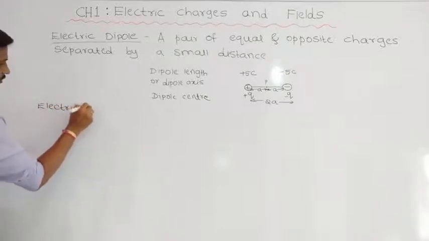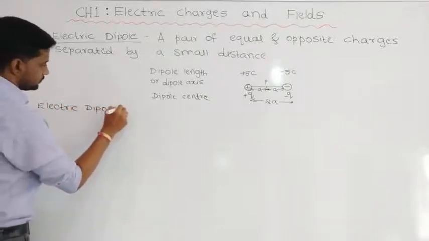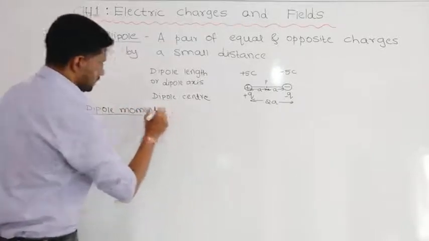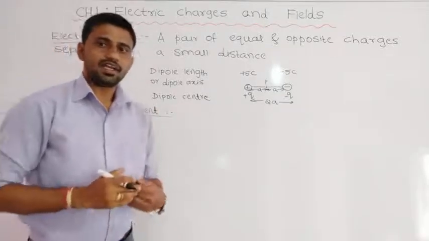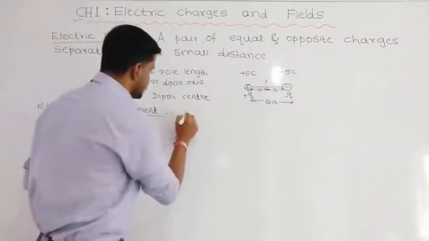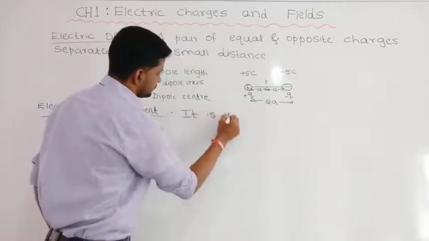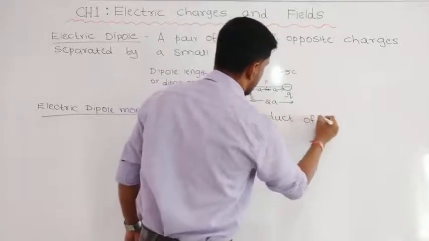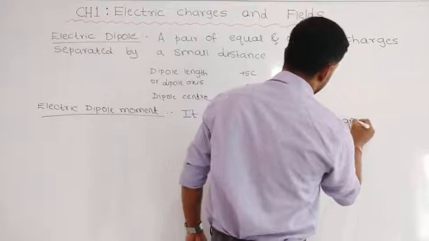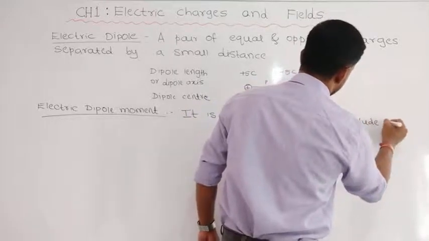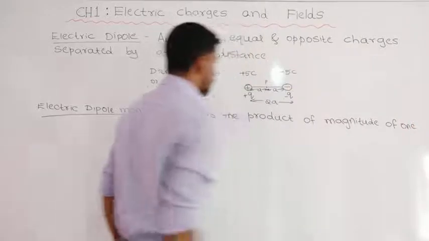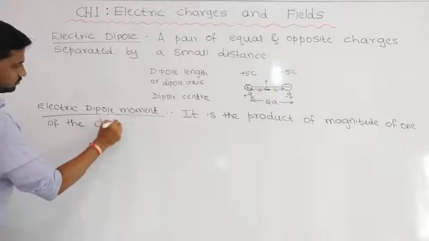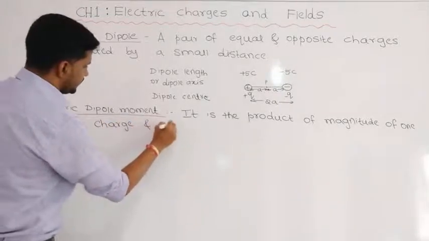The electric dipole moment of an electric dipole is defined as the product of the magnitude of one of the charges and the distance between them.